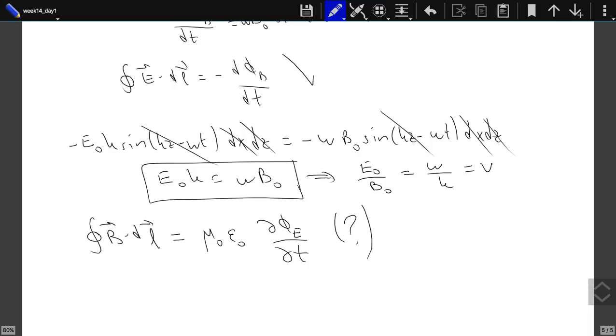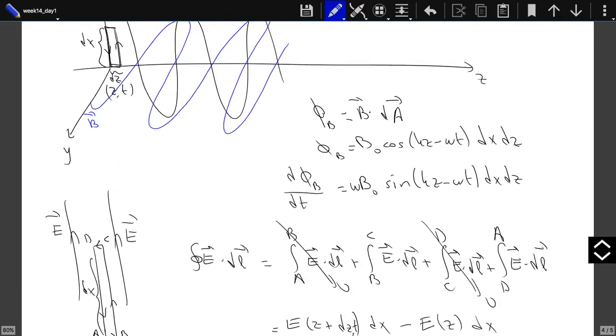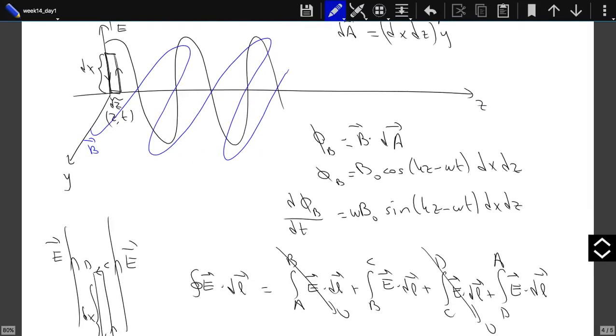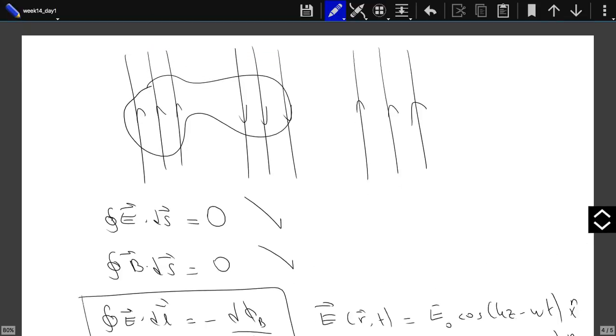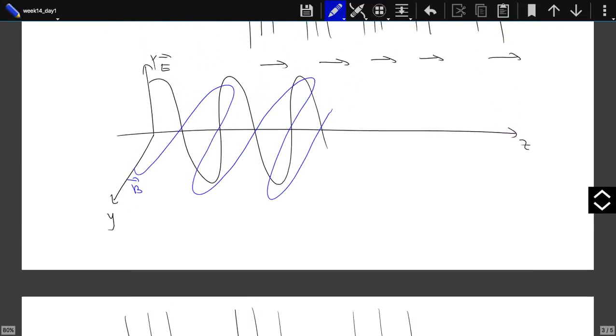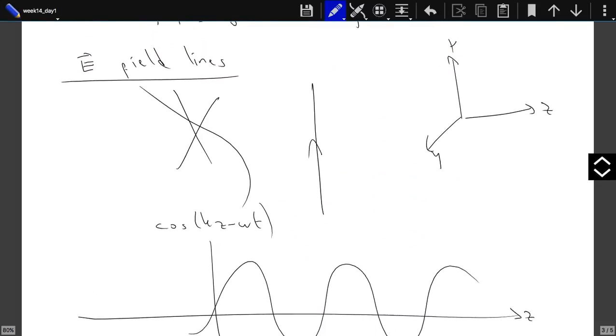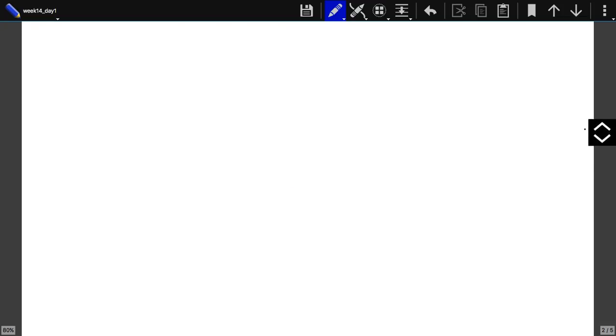Now, any questions before you go? Which one? This one. Plane waves.